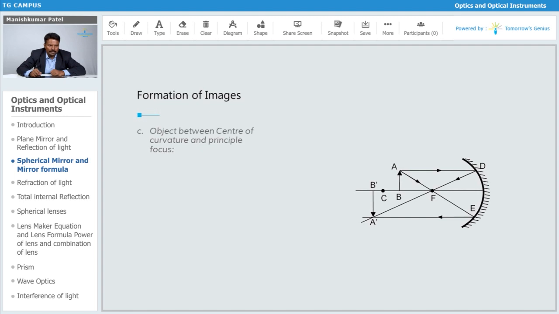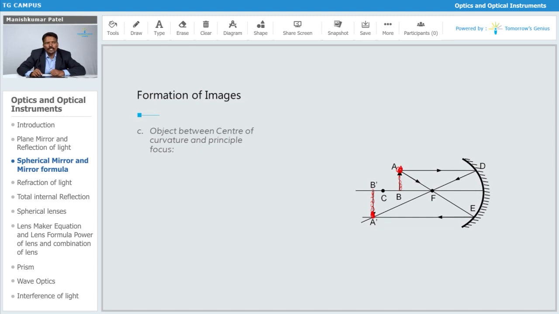Again another ray which passes through this focus will emerge parallel to the principal axis. And these two rays are going to converge at this point over here. So for this particular point on the object, they are going to form the image over here. Similarly, for every point on this object there is a formation of image over here, and that is how your image has been formed.